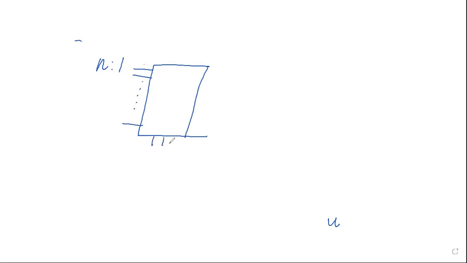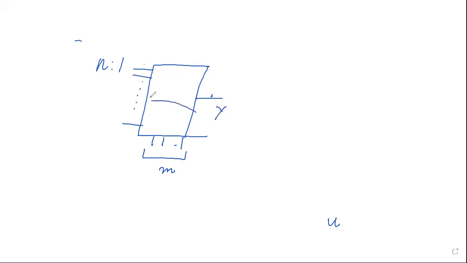An n:1 multiplexer means I'm going to have n inputs, and correspondingly there are m control lines and there is one output.